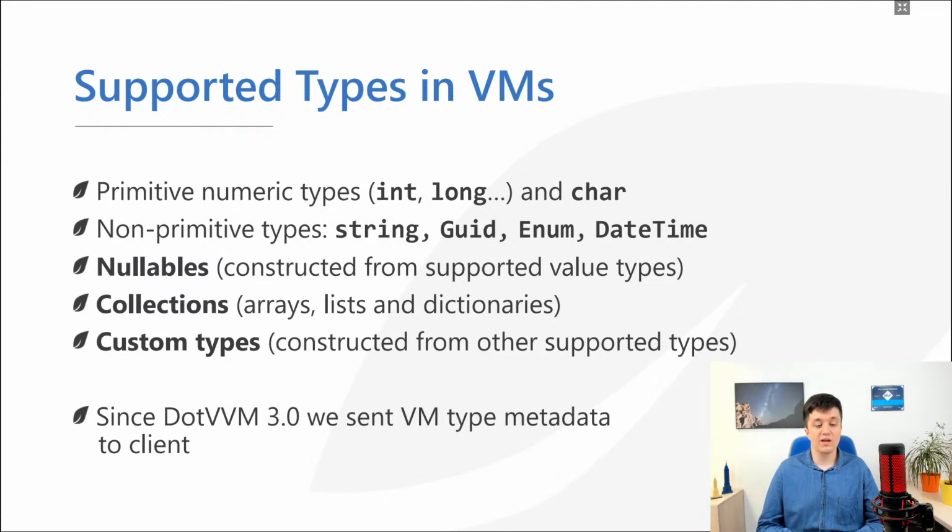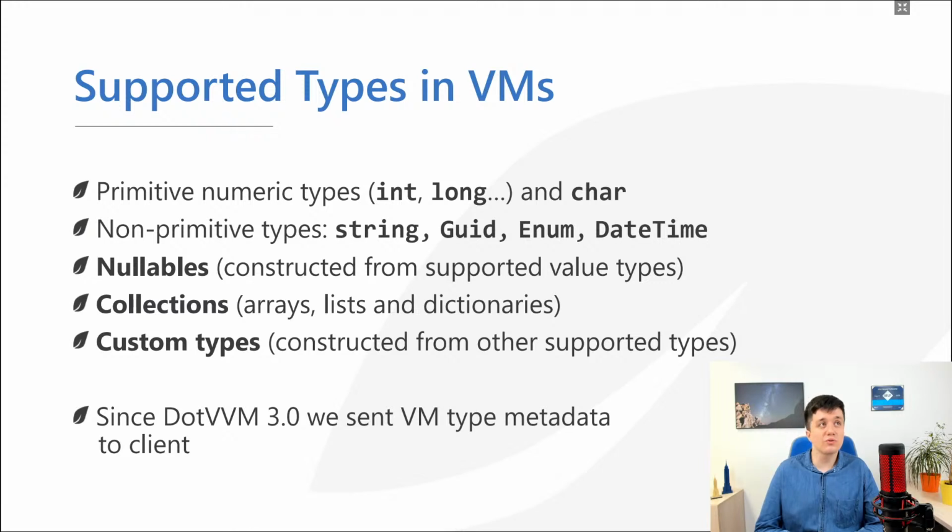Also chars, and from the non-primitive types, there is support for the basic stuff such as strings, GUIDs, enums, datetimes, and of course for all value types, we are also supporting their nullable versions. When it comes to collections, we support arrays, lists, and even dictionaries that you can use inside your view models.